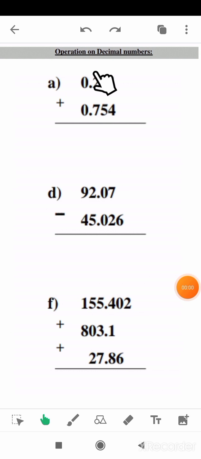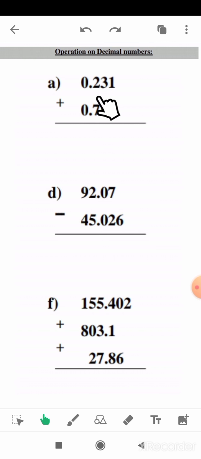Here we have operations on decimal numbers. Okay, so how can I solve this problem here? Firstly we should write every place value under its same place value. So we have here units under units and decimal points under decimal points.